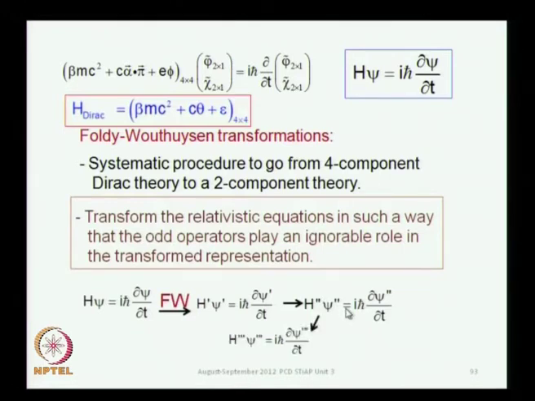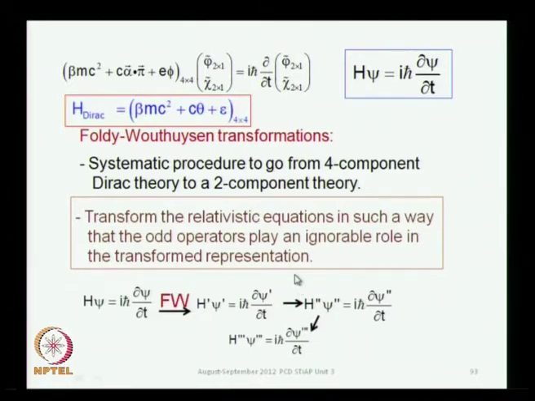Do it one more time, why not? And if you do it once, twice and thrice, it is good enough for most of the applications in relativistic quantum mechanics, at least in atomic physics.